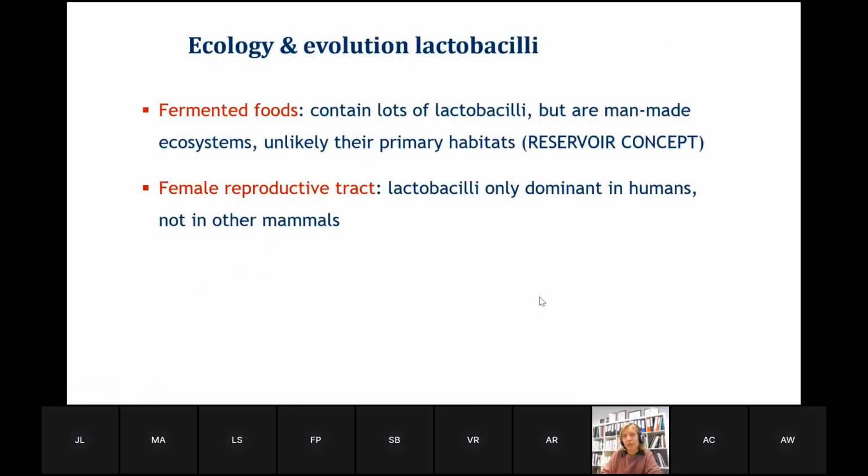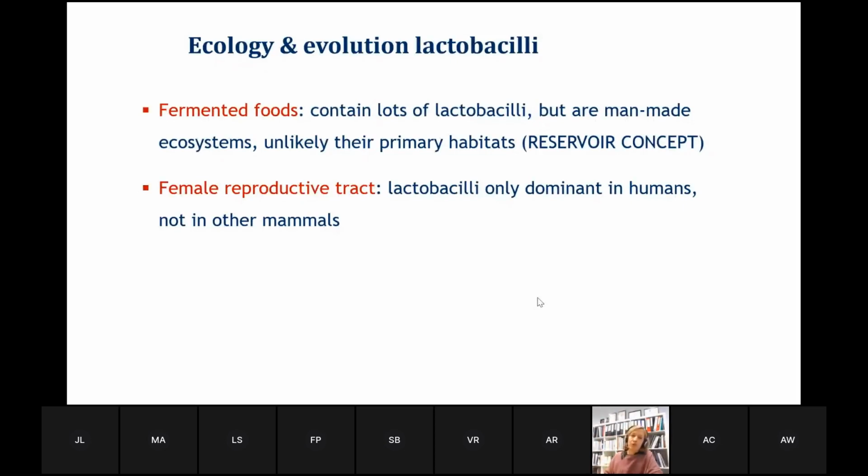And the first habitat that we really study in detail is fermented foods, which in a way are kind of strange environments because they're really man-made environments. You can really push the ecosystem towards this dominance of specific lactobacillus species or genera, which is also nice if you want to replicate certain ecological findings in the lab.